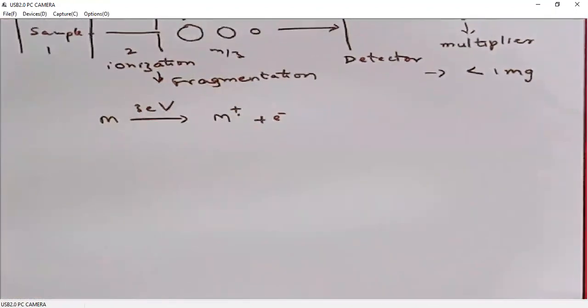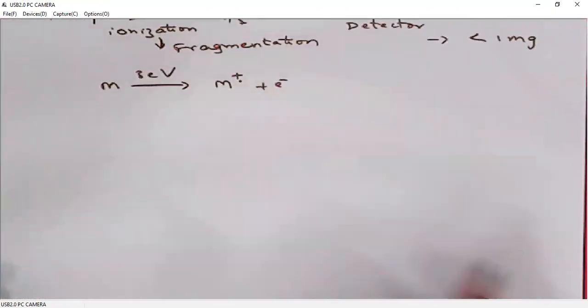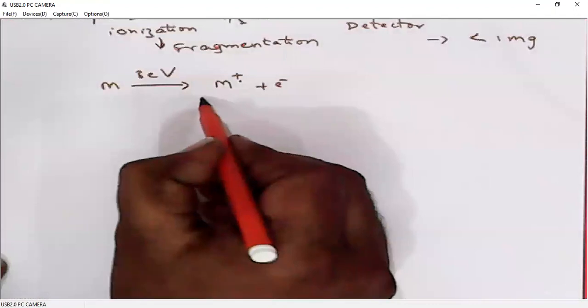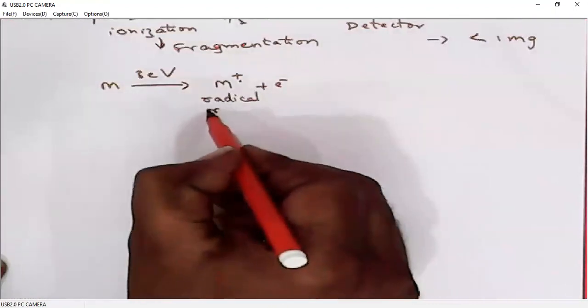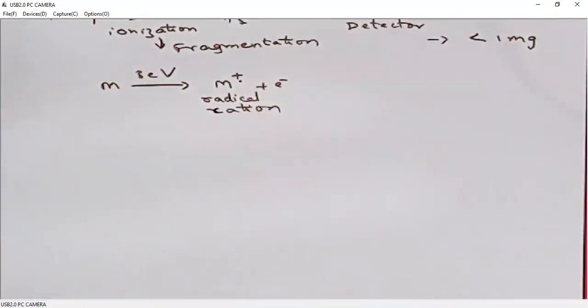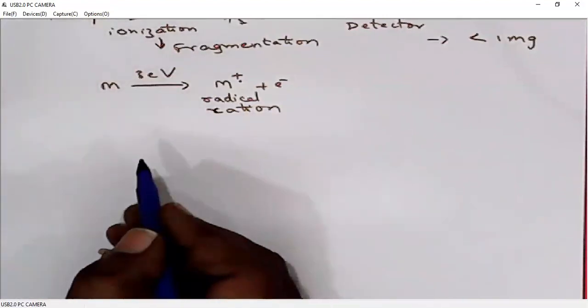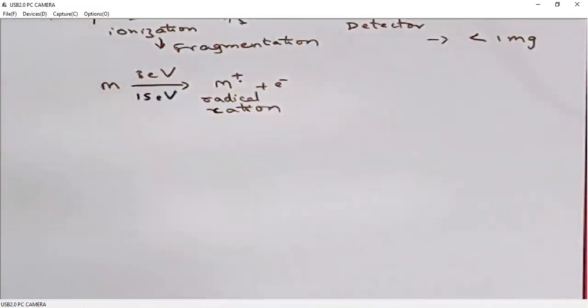These are typical ionization energy values. So this is called a radical cation. For example, some compounds may have higher ionization energy, so you can go for supplying 15 electron volts.